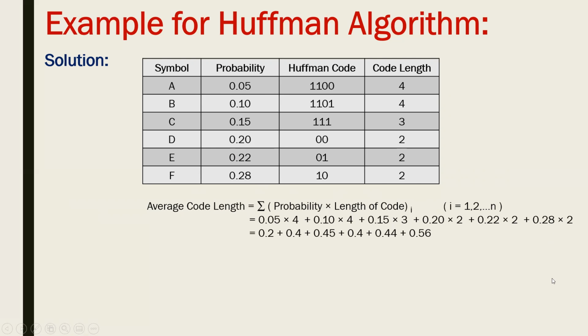Now we multiply and sum this equation, and we get 2.45. The average code length is expressed in bits. Therefore, on average, every symbol requires 2.45 bits, because some require 4 bits, some require 3 bits, some require 2 bits. So the average lies between 2 and 4. So this value will be 2.45.